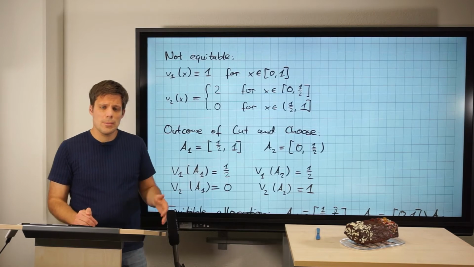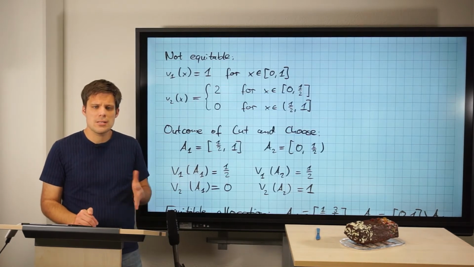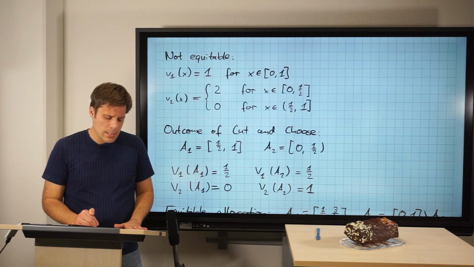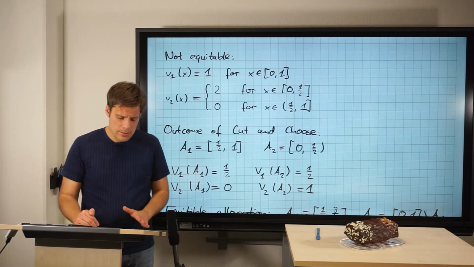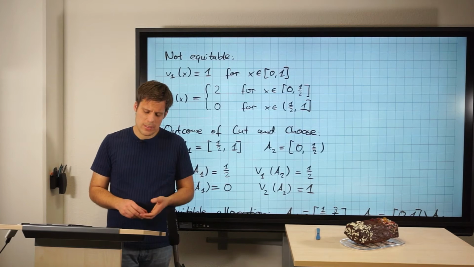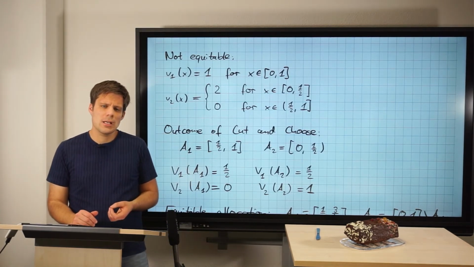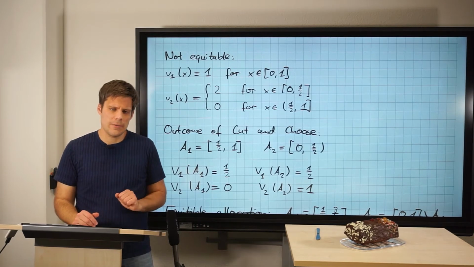For coming to an equitable allocation, this seems to be a little more difficult. Now what we want to do next is we'll talk just about proportionality, which was the easiest of these properties, and then we'll see how we can actually guarantee this even for any number of agents.